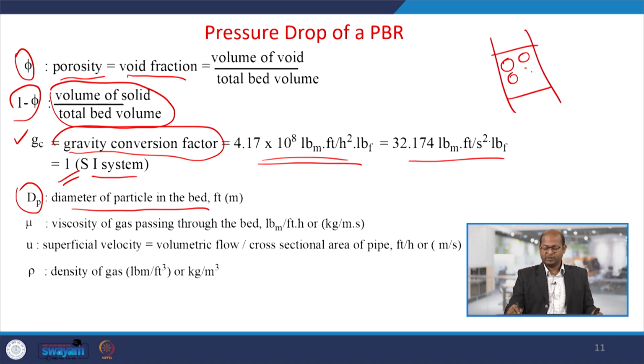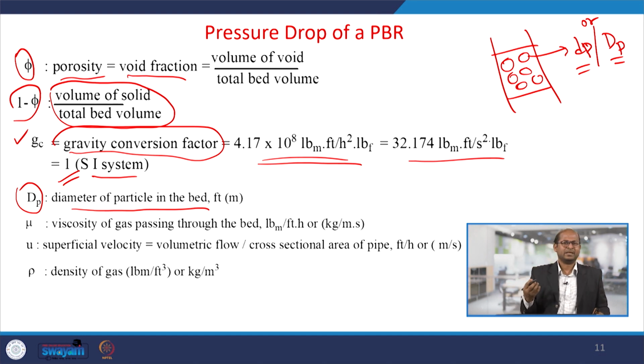The particles we are placing in this bed of the reactor are catalyst particles, which can be spherical, cylindrical, any shape, but here we are considering spherical catalyst particles charged inside the reactor. dP is the diameter of the particles present inside the catalyst bed, which you need in millimeters, centimeters, or meters, whatever.